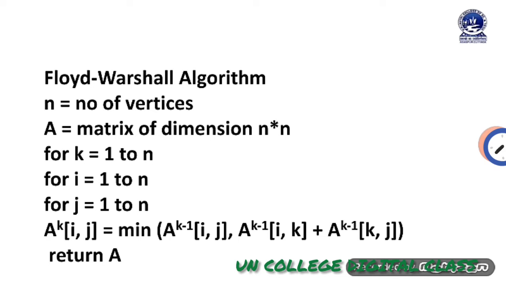In each iteration, if we find a shorter path which has a smaller value in comparison to the previous value, then we replace the previous edge with the new value. In this way, finally we will get a matrix which contains the all pair shortest path solution, and finally we return the matrix.